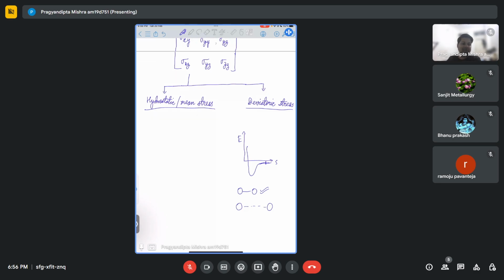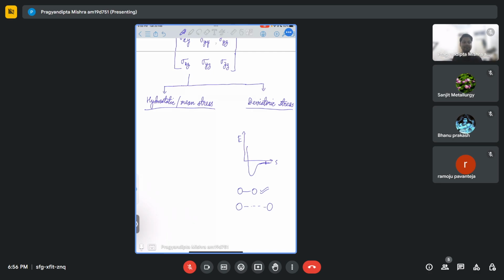After the elastic limit, what will happen? Look at atoms as two atoms connected, with some energy or a spring in between, kept together. If you keep pulling them, what will happen at some point? Let's say you have two balls connected by a string and you keep pulling them.